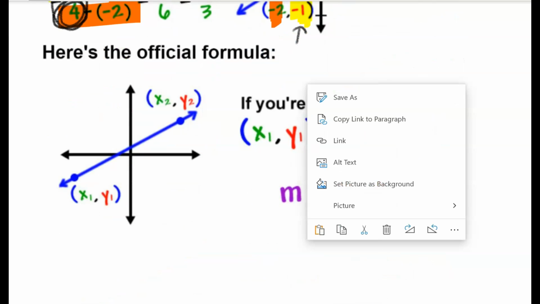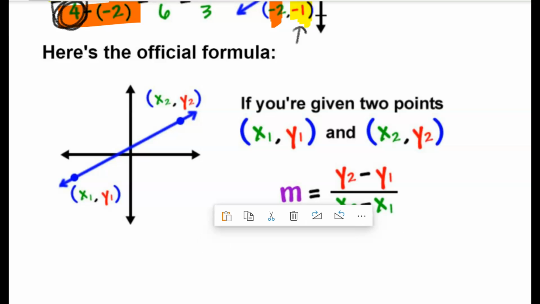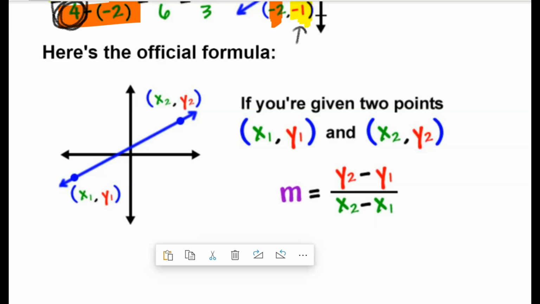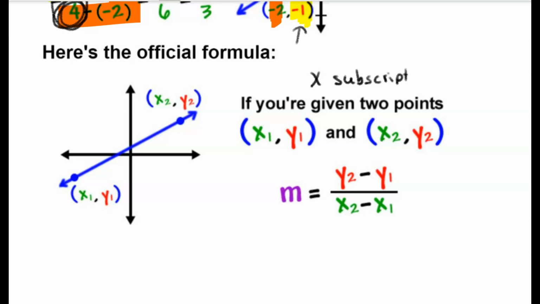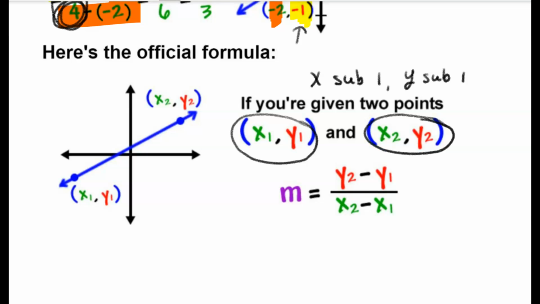So here's the official formula. If you're given 2 points, x sub 1 and y sub 1, this is your first point, and x sub 2 and y sub 2, your second point.